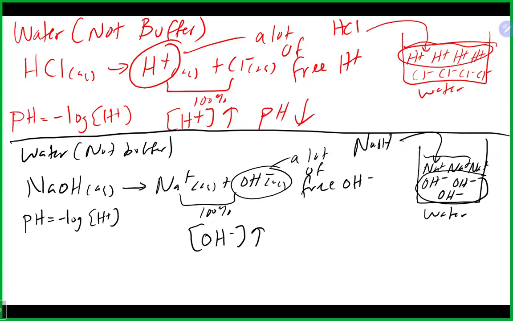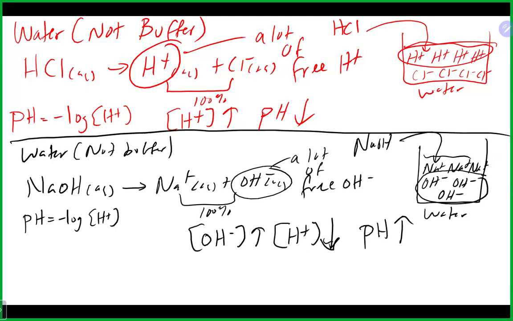And because hydroxide and H plus are related to each other, you're going to see a big old drop in the H plus concentration. Because of that, you will now have more hydroxide in that solution than H plus. And like we talked about with KW, with more hydroxide than H plus, pH is going to jump high. You're going to see a big rise in the pH because of the influx of free OH minus in that solution.